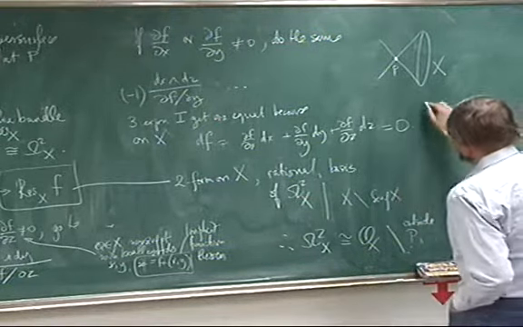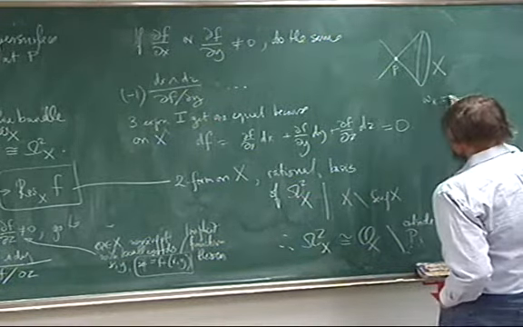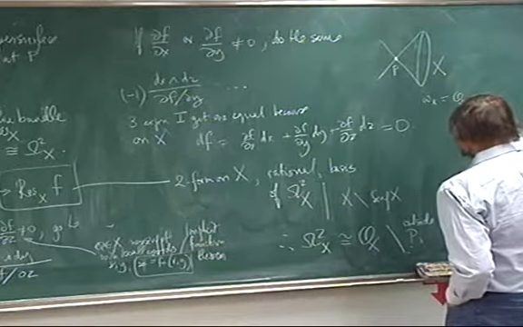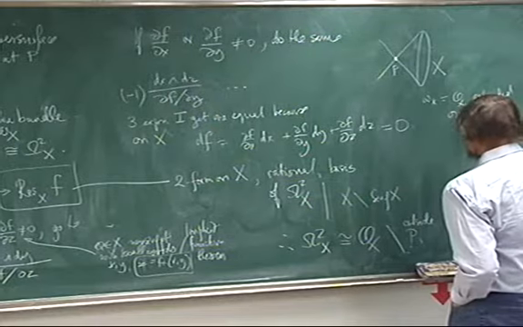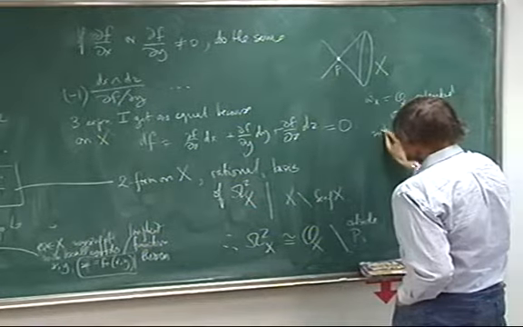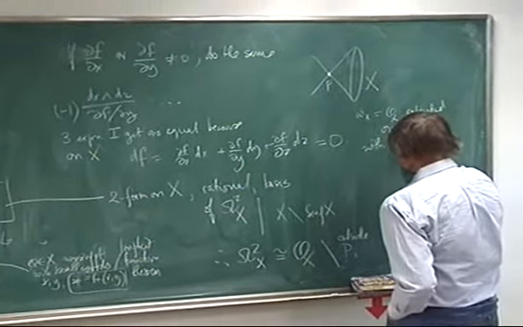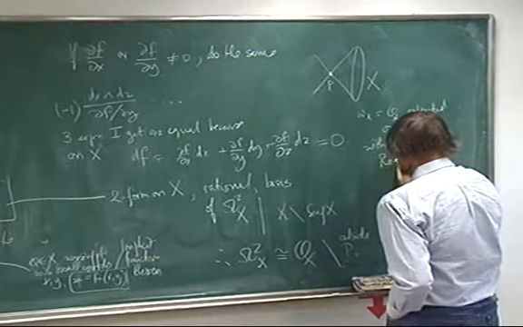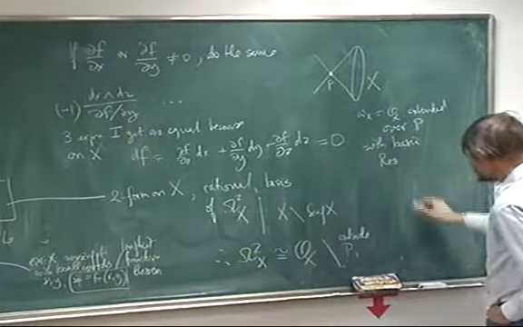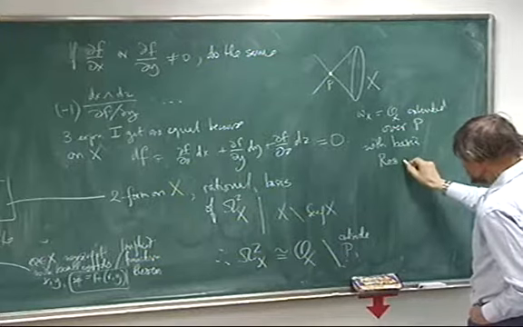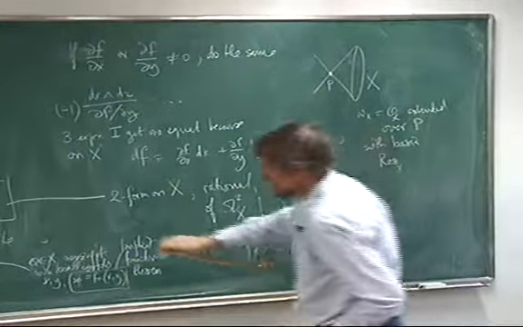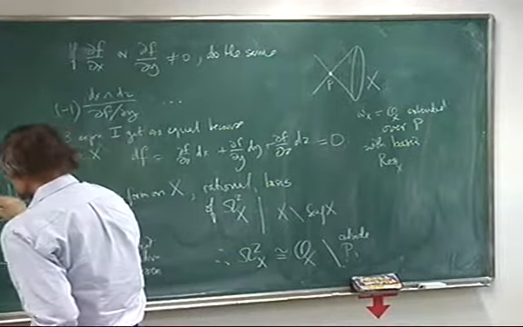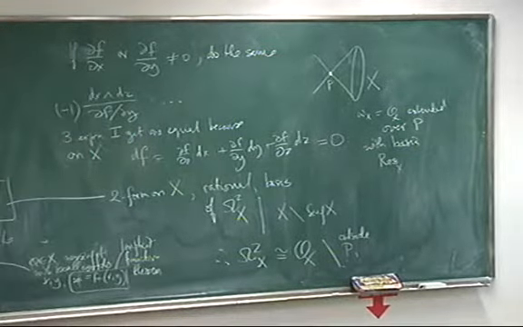I'm just going to define omega X to be O_X extended over P with basis this residue, S.